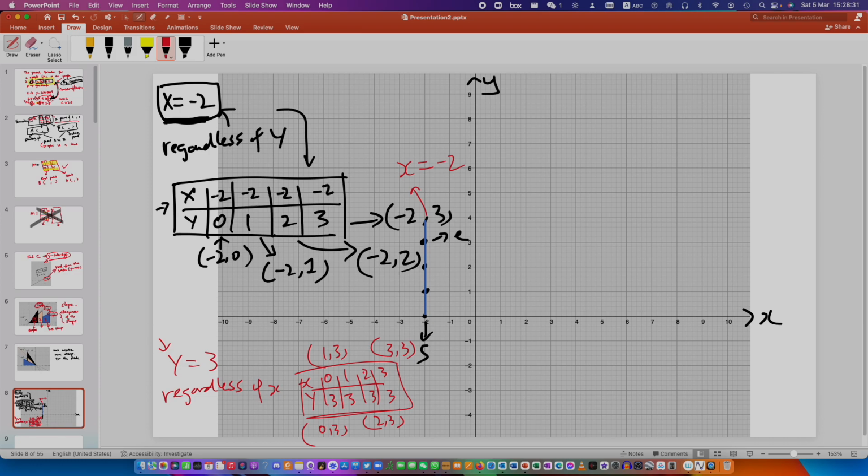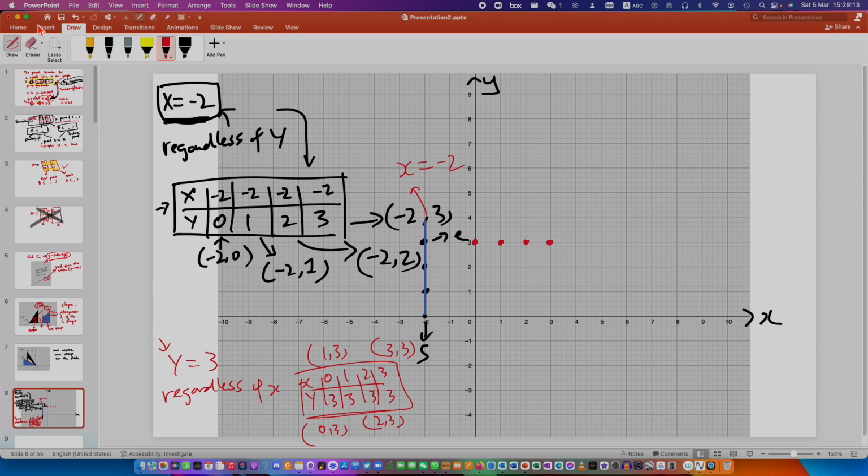Why do you go to negative? 1, 3. Here. 2, 3. Here. 3, 3. Okay, good.